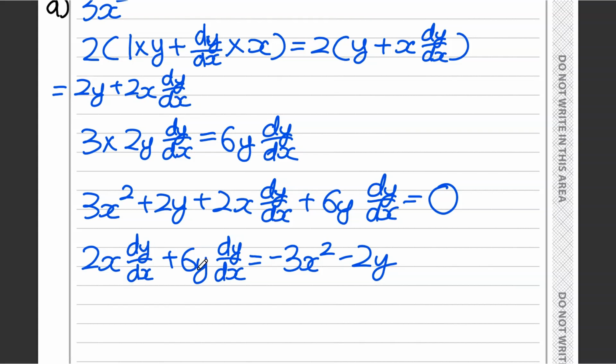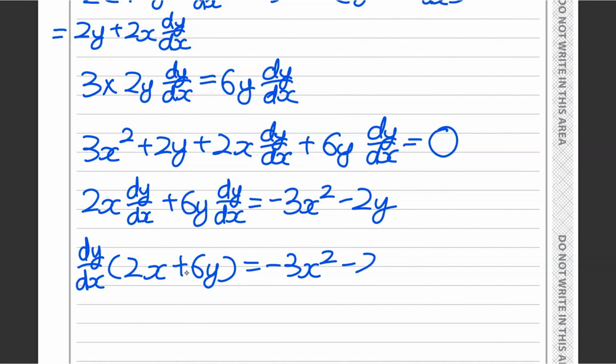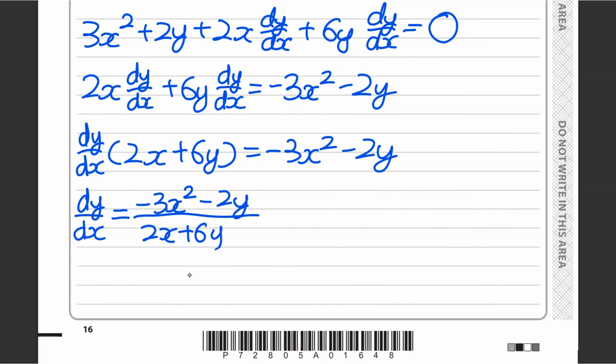If we factorize out dy over dx from this here, it's going to be dy over dx, and then it's going to be 2x plus 6y. This is equal to minus 3x squared minus 2y. And then if we divide both sides by this 2x plus 6y, on this side it will just be dy over dx, and this is going to be equal to minus 3x squared minus 2y over 2x plus 6y.